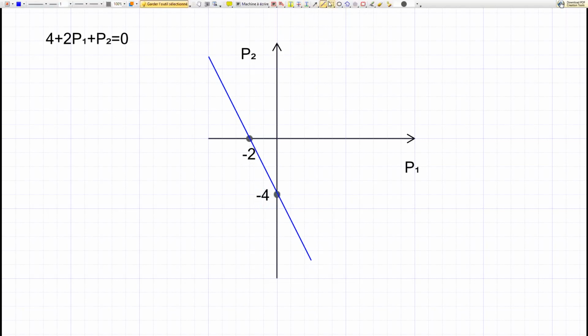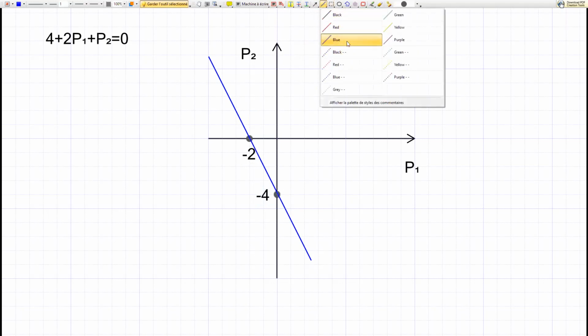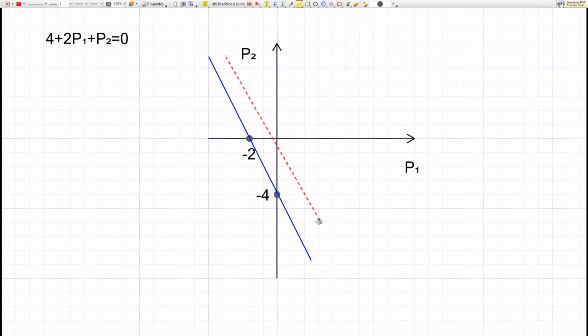So let's have a second one. Say red. So this is confounded.